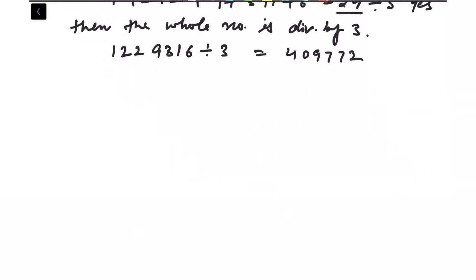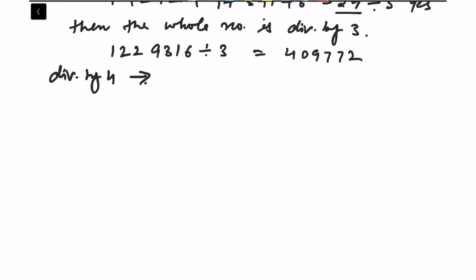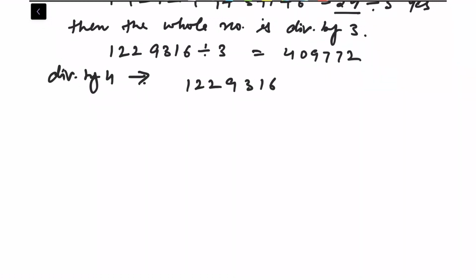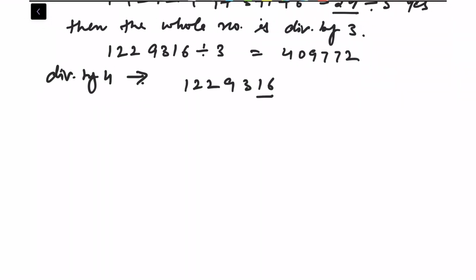Now I will take divisibility by 4. We will take the number again. For divisibility by 4, we will see the number formed by the last 2 digits, as here 1 and 6, the number is 16.